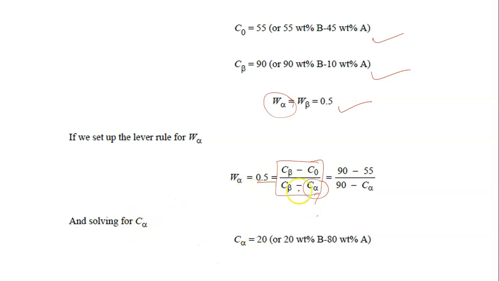So solving for C alpha, you will get C alpha of 20 weight percent of B. And how do you know it's 80 weight percent of A? It's just 100 minus 20. So you've got 80 weight percent of A.